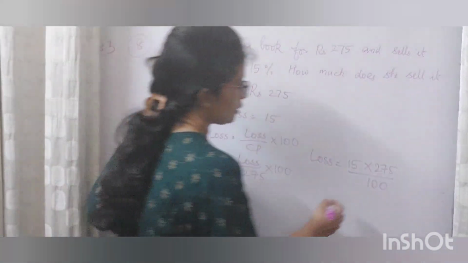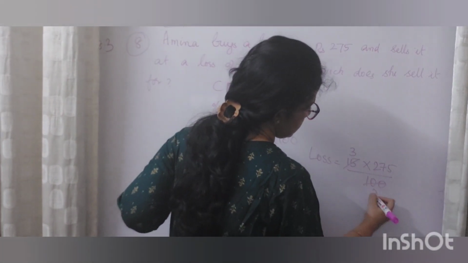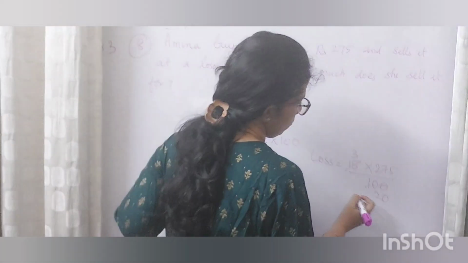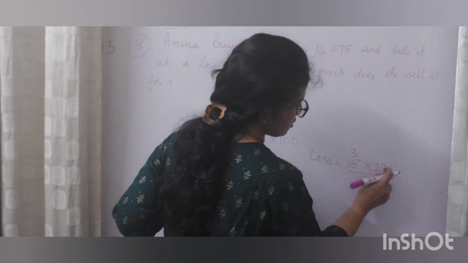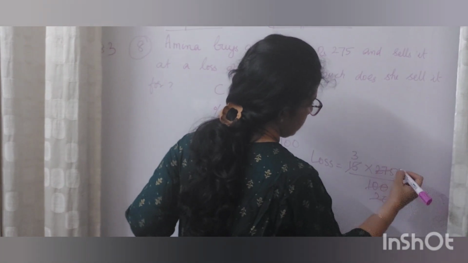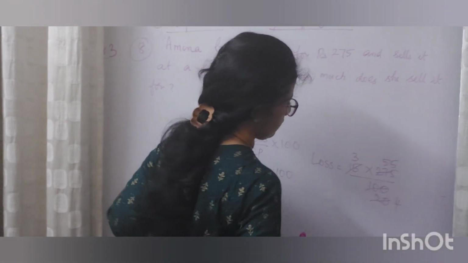Clear? So if we do this, 3 5s are 15, 20. Okay, if we divide by 5, again if we divide this and this by 5, 4 5s are 20, 5 5s are 25, 5 5s are 25.